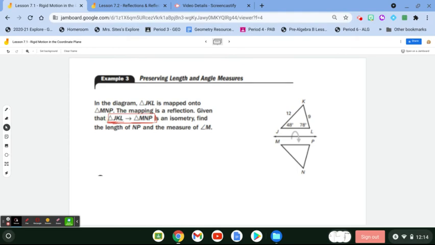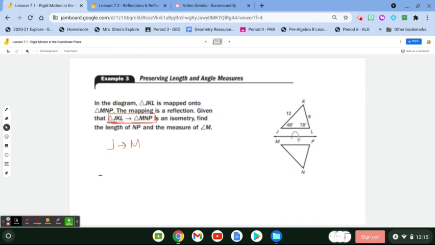Okay, this is telling you a specific order, and remember how before we had those congruent statements? It's also telling you which angles match up with which angles, and what side lengths match up with what side lengths. So if J is in the first position, it's going to map up with M, which is in the first position in the other triangle.